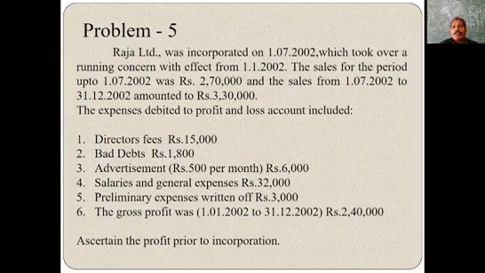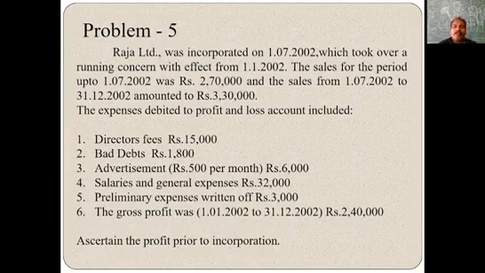So the incorporation date 1/7, opening date 1/1/2002. That means 1st January to 1st July, 6 months. Then 1st July to 31st December, 6 months. So time ratio 1:1. Then they are given up to incorporation 2,70,000 sales. After incorporation 3,30,000. It's also so simple. So 9 is to 11, I think.